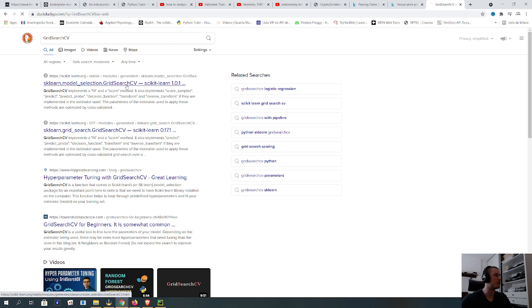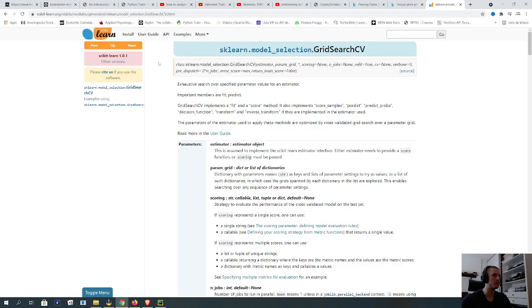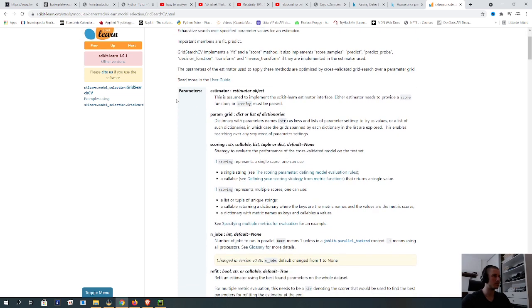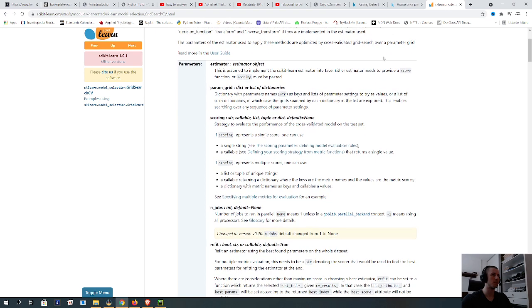And I think the guy in the book mentions it briefly. Cross-validated grid search over parameter grid.